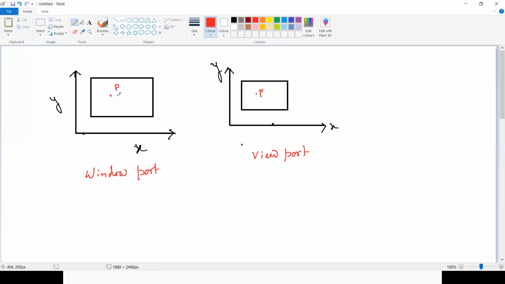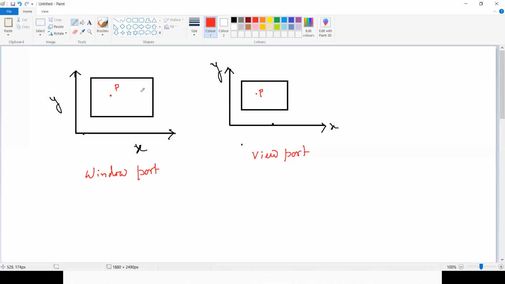That means here you can see the length and breadth of the port. If you compare the length and breadth of the window port and viewport, you can see the length and breadth of the viewport is smaller compared to the window port. That means we have to scale down the coordinates while we transfer any point or object from the window port to the viewport.